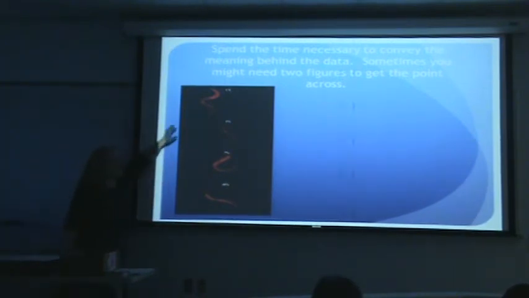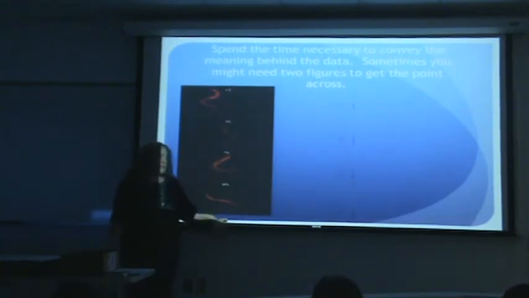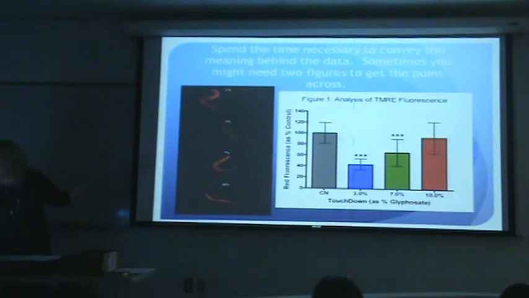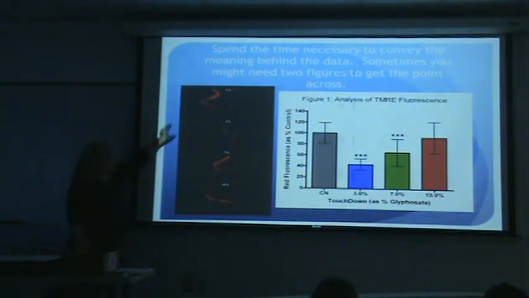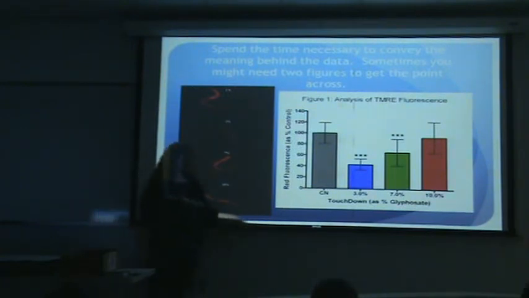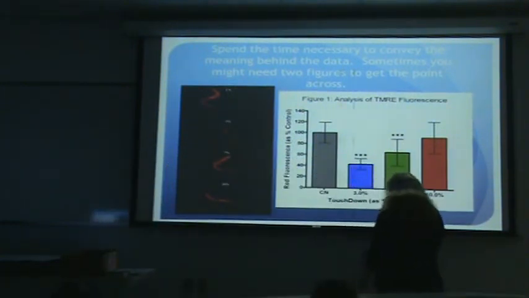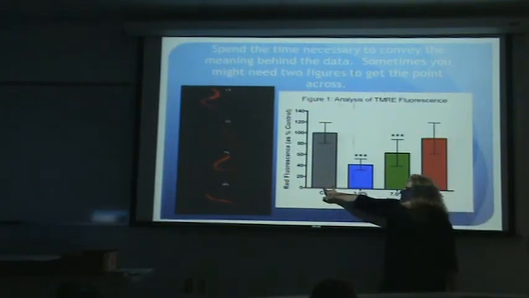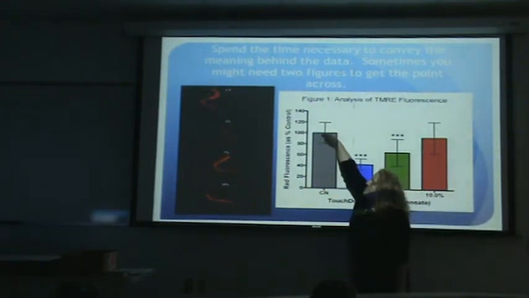So here are four worms, and they're showing different levels of glowiness. That's pretty nice. But to really make this mean something, these are representative worms. You need the graph, in this case, so that we're not just talking about four worms, we're talking about four groups of worms. The negative control had this much fluorescence, which represents this amount of glowing neurons.